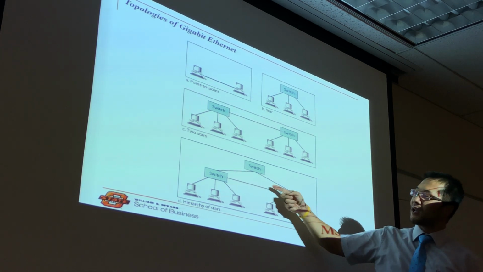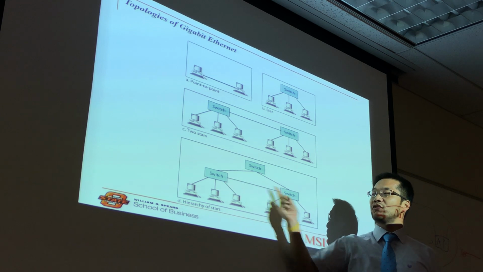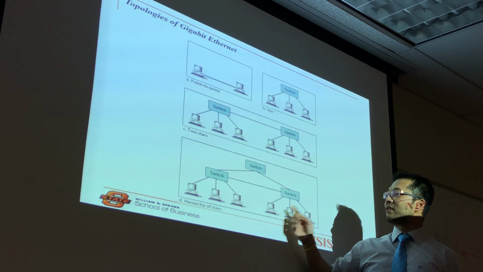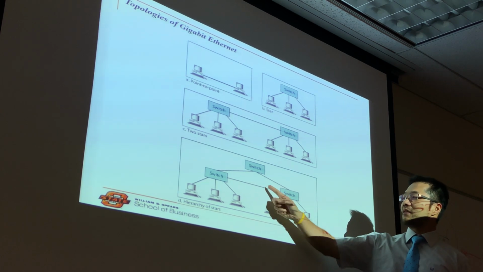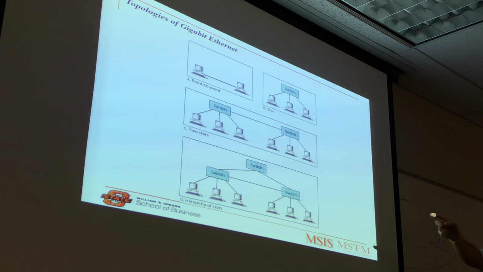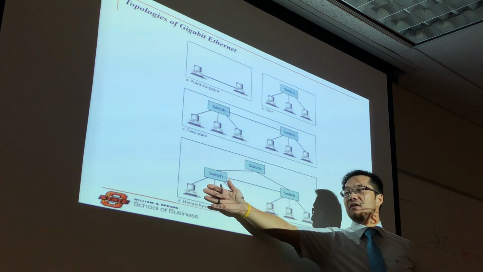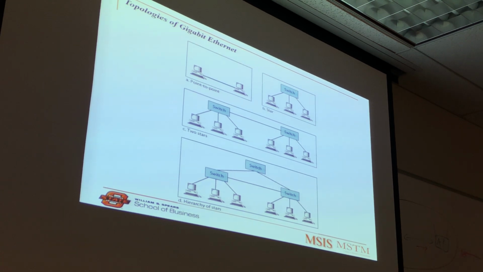This depends on how much data you need to transmit between two switches. If these guys don't talk to these guys a lot, then this can be the same bandwidth as these individual connections. But if there's a data center with file servers and everything, then you may want a bigger capacity to support that communication.